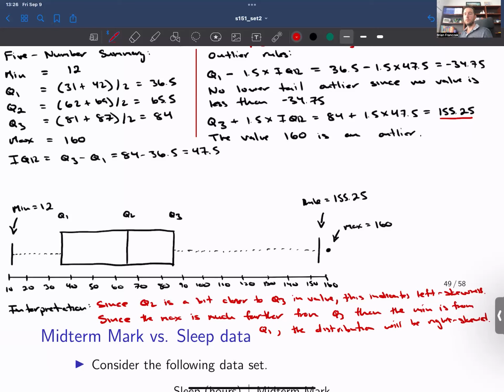It's a little bit contradicting in how I wrote it, but essentially in between the first, second, and third quartile, we have a little bit of left skewness.